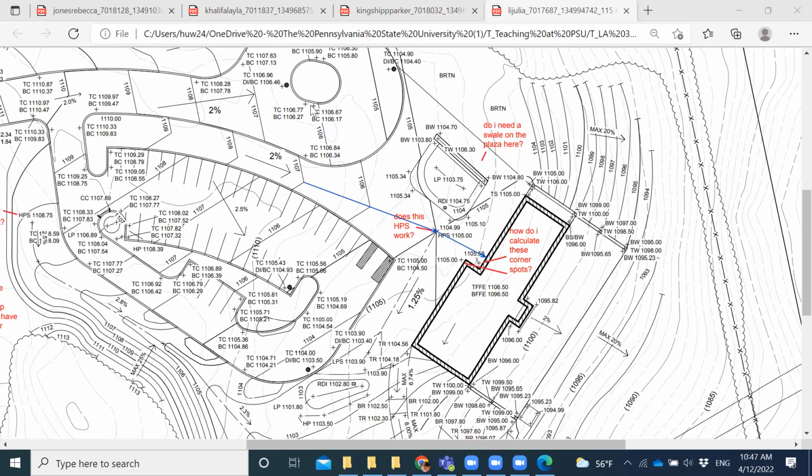And the contours would basically go like this, right? So you would measure the distance from here to there, and then use the 2% slope. Yeah, you do. And those distances were what you measure to calculate the spots there.